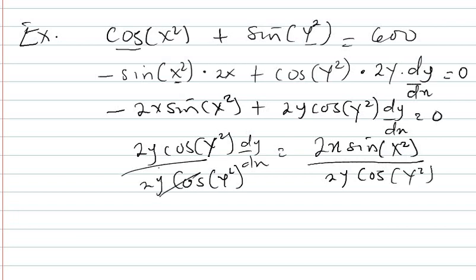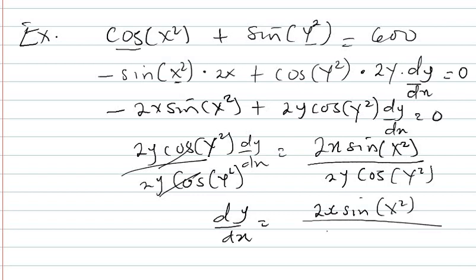So this goes with this, and we have dy/dx is equal to 2x sin(x squared) divided by 2y cos(y squared). So this is the answer.